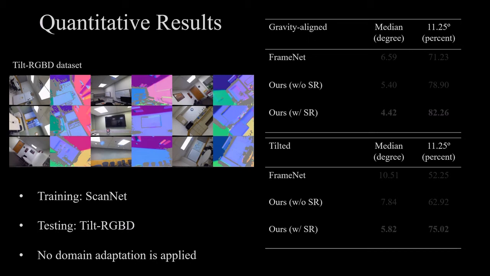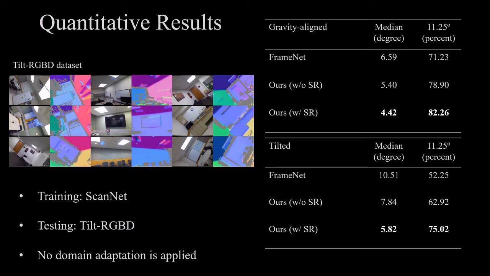Firstly, thanks to our truncated angular loss, even without the spatial rectifier, our method performs better than FrameNet on gravity-aligned images. This also applies for tilted images. However, note that there exists a significant performance degradation from gravity-aligned to tilted images.